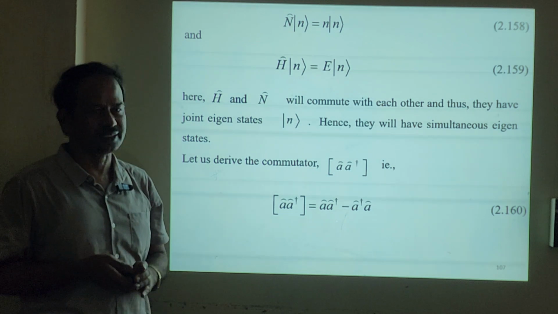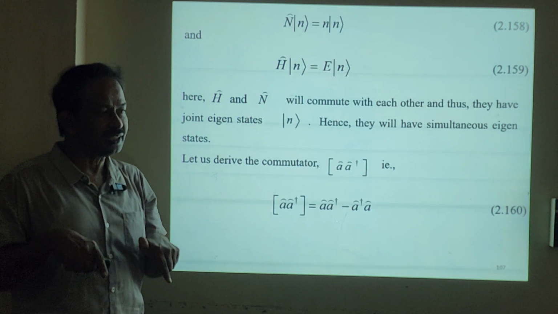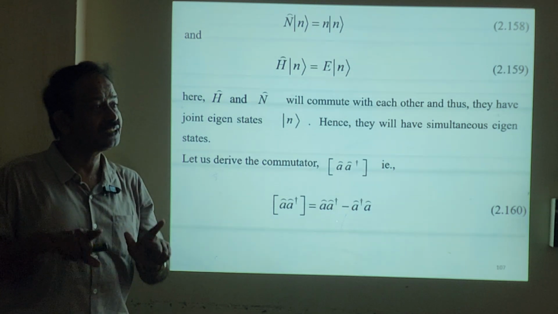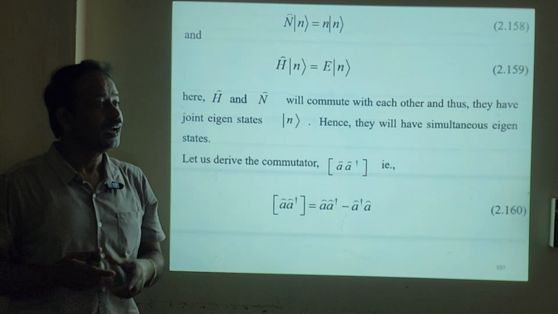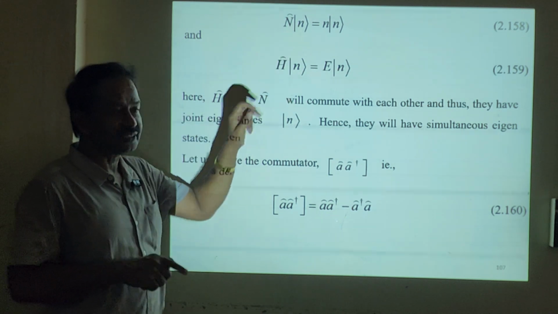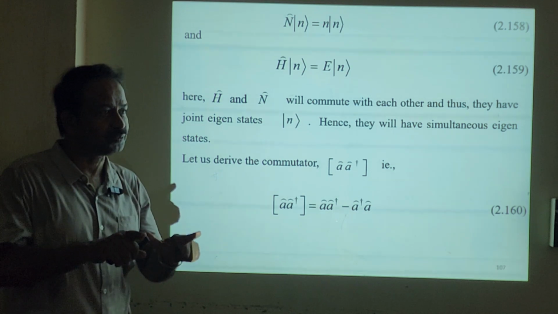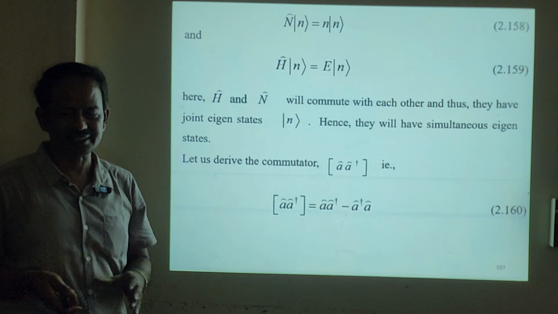That's called common eigenstates. It means that if they commute with each other, if they have common eigenstates, it implies that we can measure both the things at the same time. That's very, very important. We can measure both N and H at the same time if they commute with each other, if they have common eigenstates, simultaneous eigenstates, joint eigenstates.